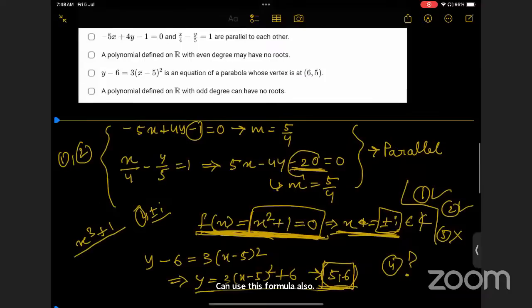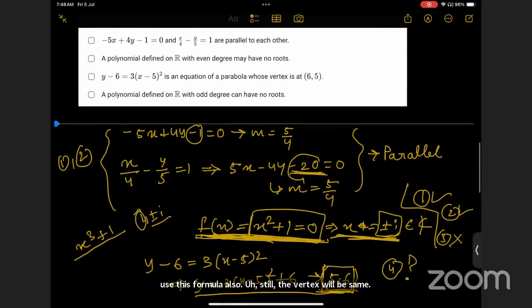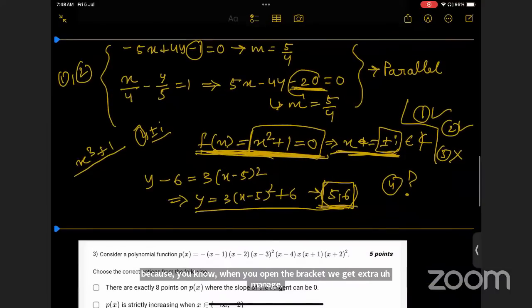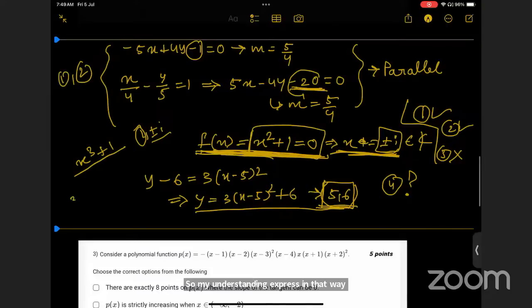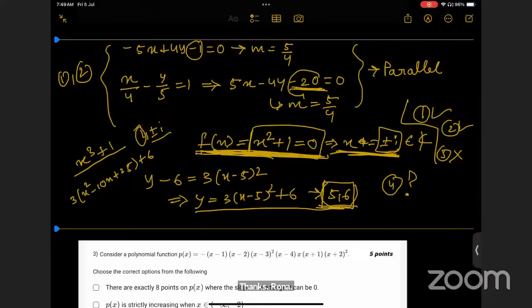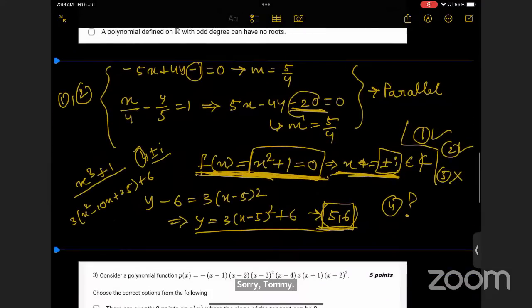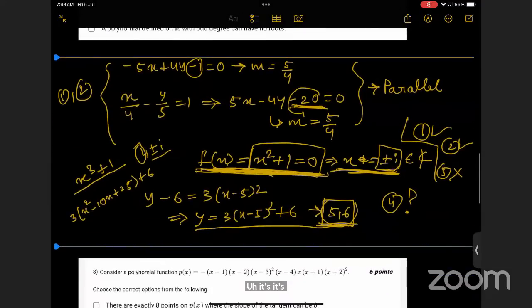Because when we open the bracket, we get x square minus 10x plus 25. Minus will be plus, sorry. It's fine. Any method you can use, the answer will be the same.